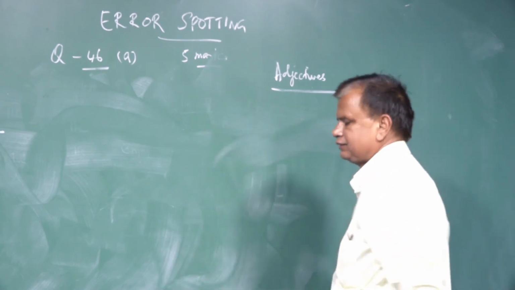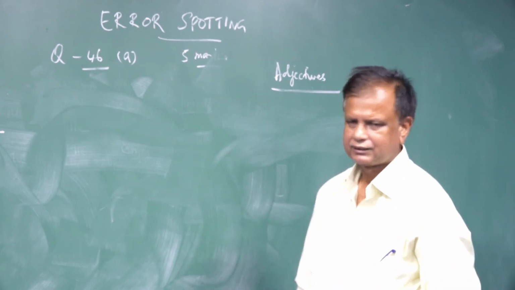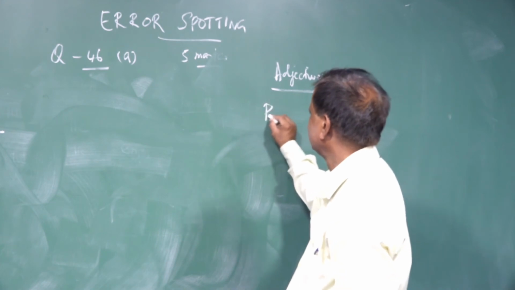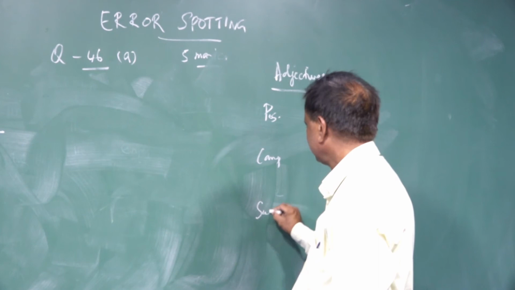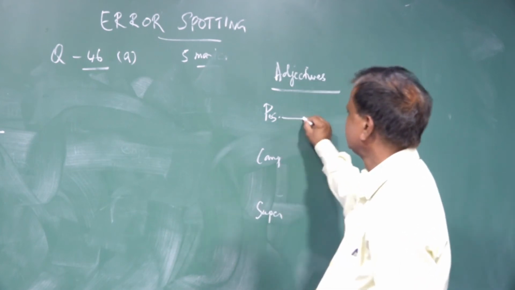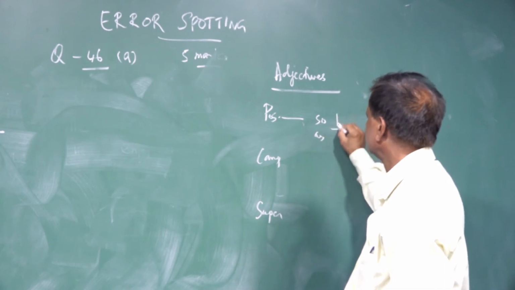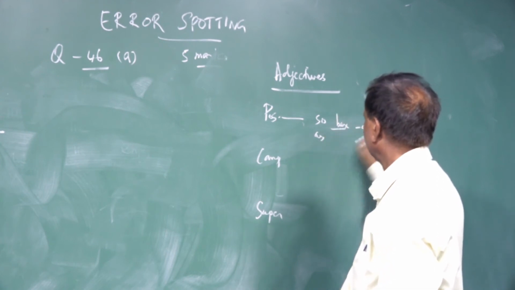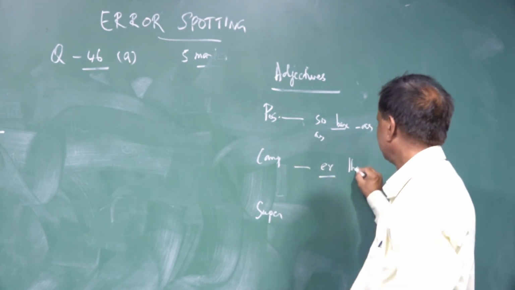In the adjectives, mostly in the degree of comparisons, you will be having many errors. We have these 3 degrees: positive degree, comparative degree, superlative degree. The positive degree structure is as, base form of the adjective or adverb, as. Comparative takes than.